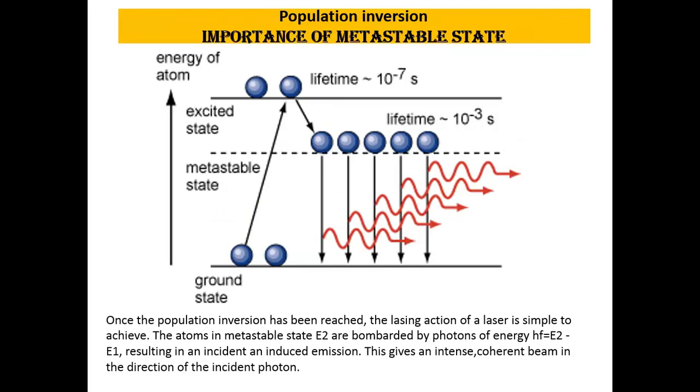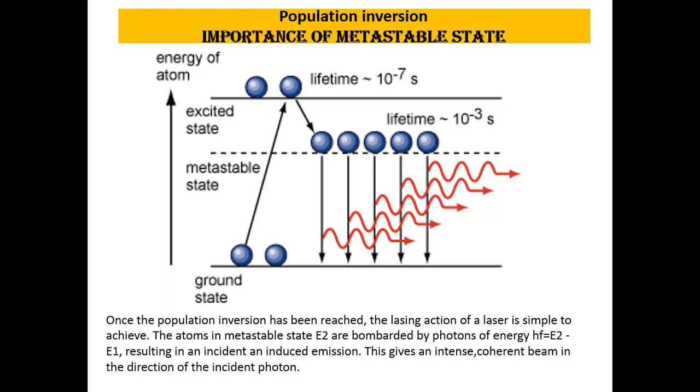Now I am going to come to this particular part. I told you two terms: one is called pumping and the other is population inversion. I told you that whenever there is a system and there are atoms or electrons in the ground state, you can pump them to go to the excited state.